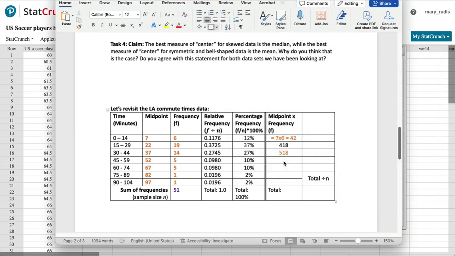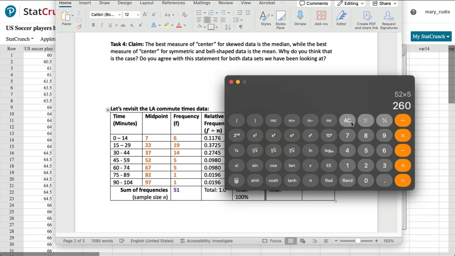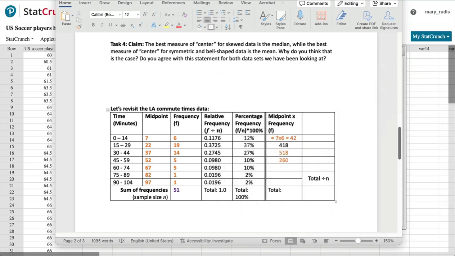Fill that in. 67 times 5 equals 335. And then we have an 82 times 1, which is 82. And then we have a 97 times 1, which is 97.